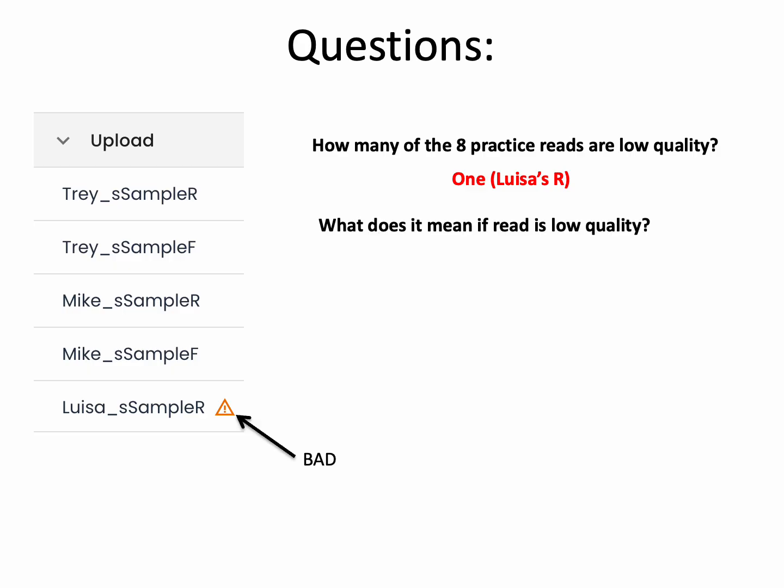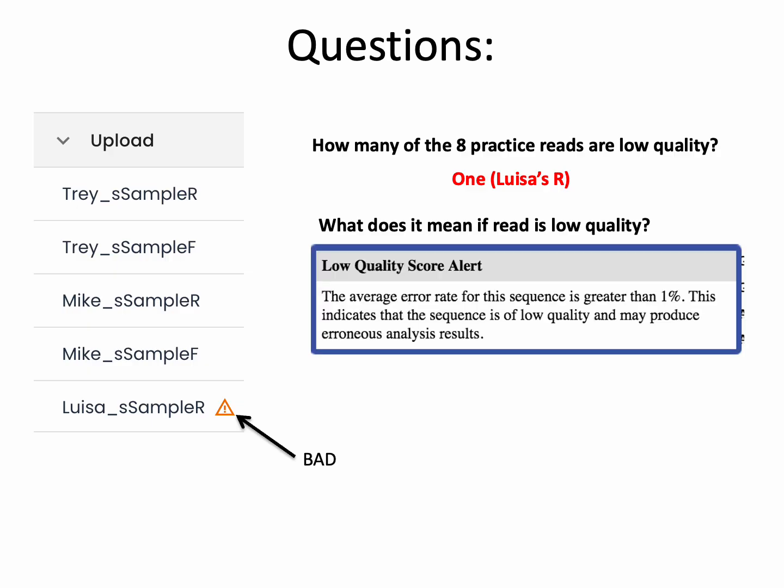Next question: what exactly does it mean if a read has the low quality exclamation mark next to it? Please hit pause until you know the answer. A low quality score alert means that the average error rate for this particular sequence is greater than 1%.